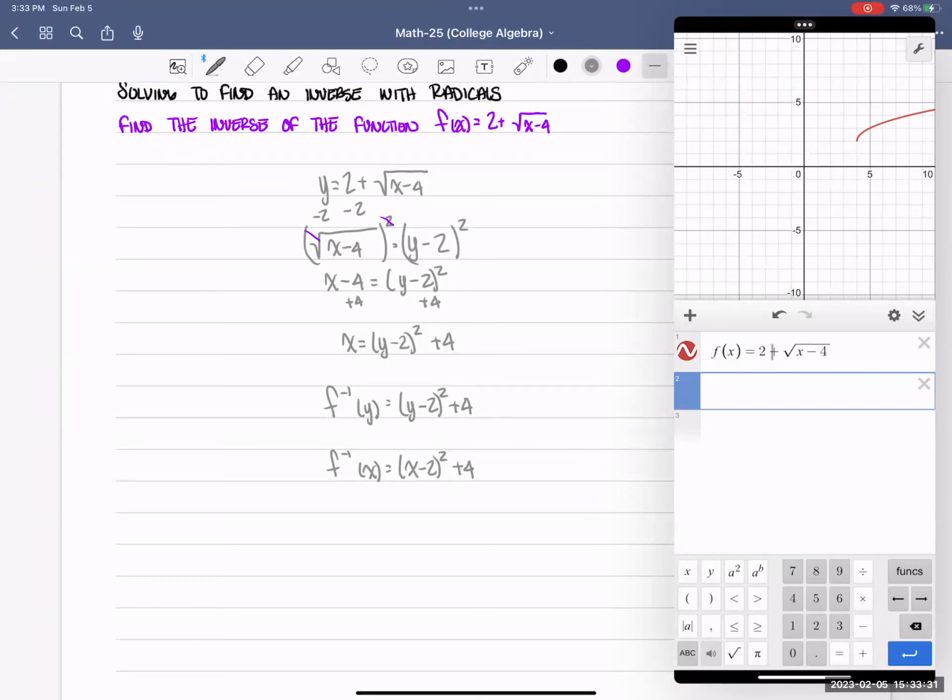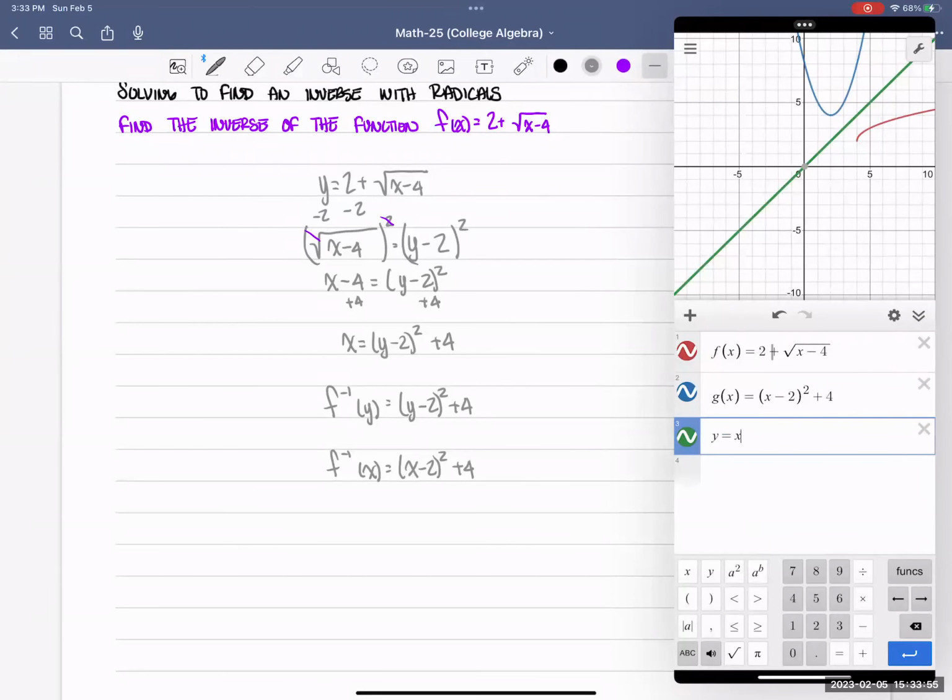F inverse, we'll call this g of x, just because we don't have an inverse sign here on Desmos. G of x is equal to parentheses x minus 2 squared plus 4. It should be reflected about the line y equals x.